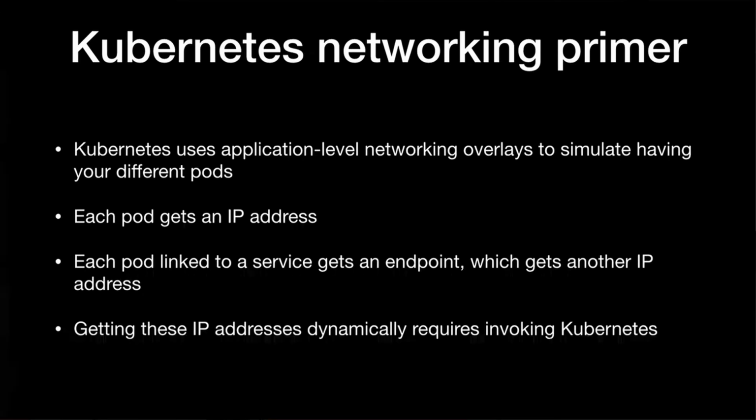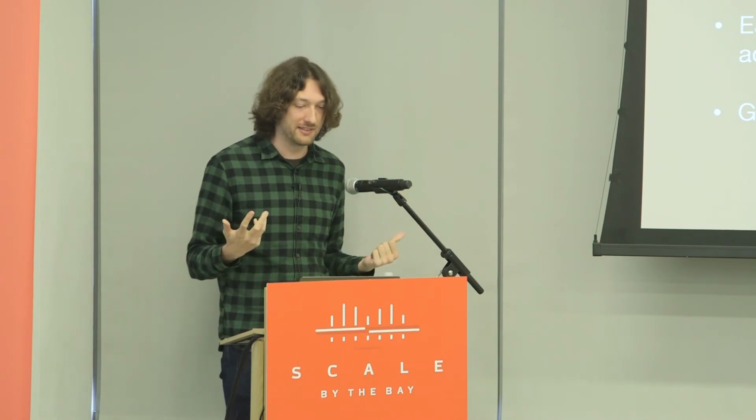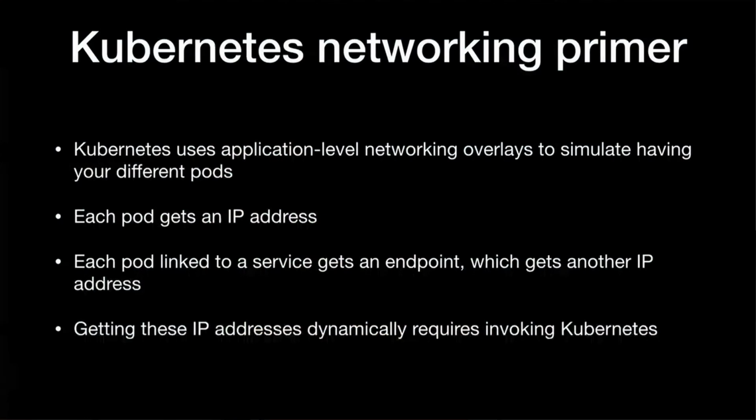So it uses what we call application networking layers like Flannel and Calico, which basically handle assigning IP addresses and handling all of your networking and IP tables rules to ensure that everything remains accessible.